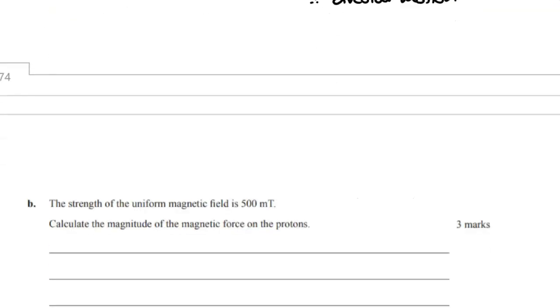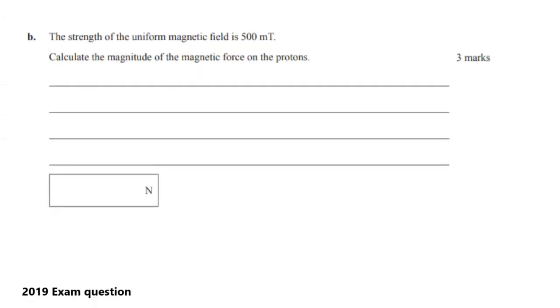Okay, fabulous. Let's continue. We're told the strength of the field is 500 millitesla. That's 500 times 10 to the negative 3 Tesla, or you could write that as 0.500. Calculate the magnitude of the magnetic force on the protons. We just did F equals QVB as part of our explanation.